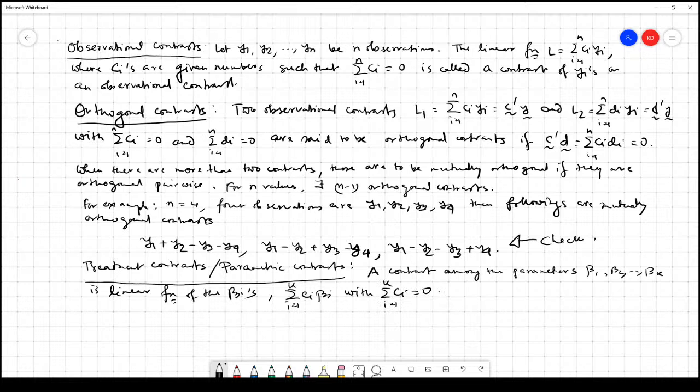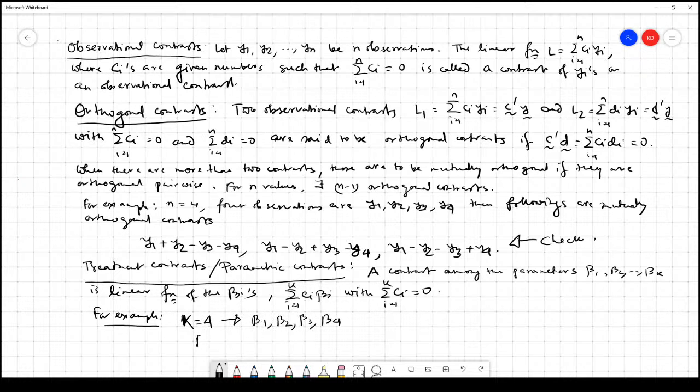So this is called treatment contrast or parametric contrast. For example, I take k equal to 4, that means we have beta 1, beta 2, beta 3, beta 4.